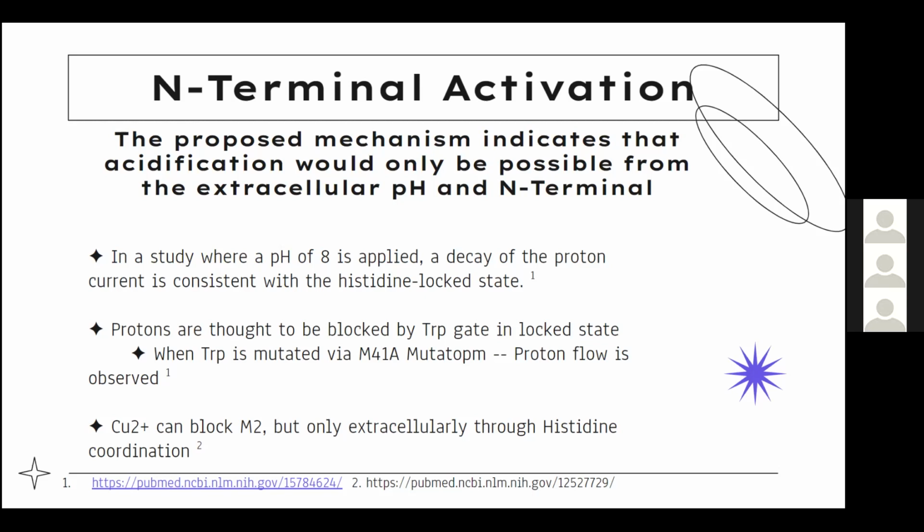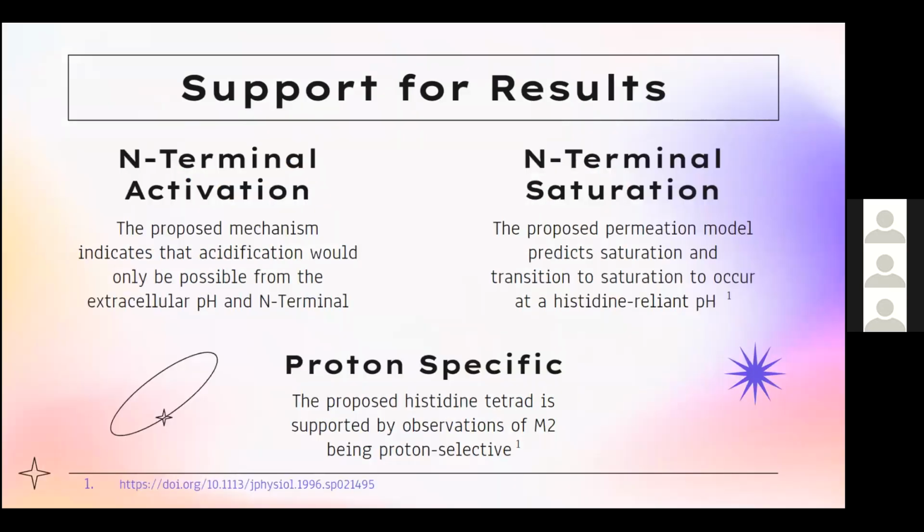Similarly, copper was found to block M2, but only extracellularly, which supports that activation is only possible from the N-terminal side because it's thought that the copper would coordinate with histidine, causing this blockage. So M2 cannot be activated by other cations, which supports the proposed histidine tetrad.